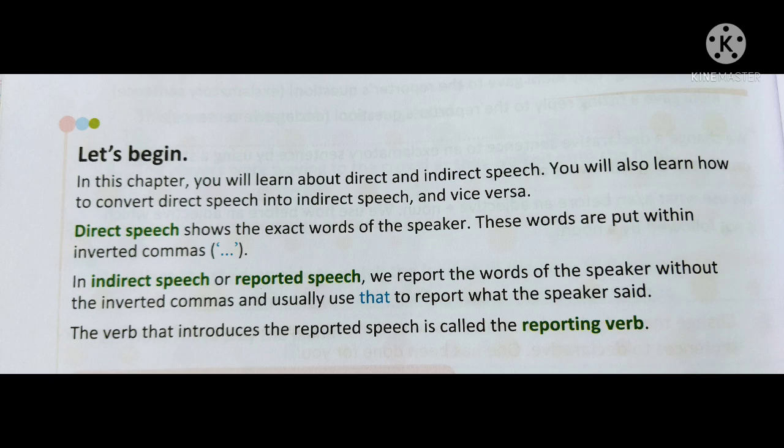Thus, we call it indirect speech or reported speech. Remember students, what is the reporting verb? The verb that introduces the reported speech is called the reporting verb.